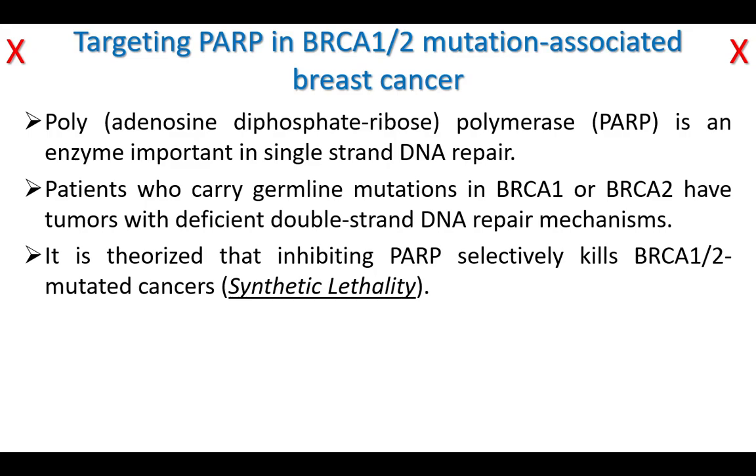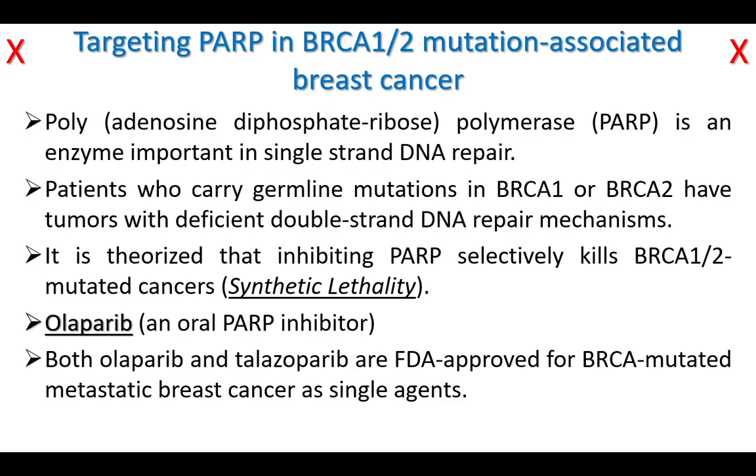So you have a problem with the repair of double strand breaks, and now the other drug that you're using is impairing the repair of single strand breaks. So this is called synthetic lethality. So with this drug, this is what you're doing. So we have olaparib, which inhibits the PARP. But again, you don't need to worry about this drug for the exam.